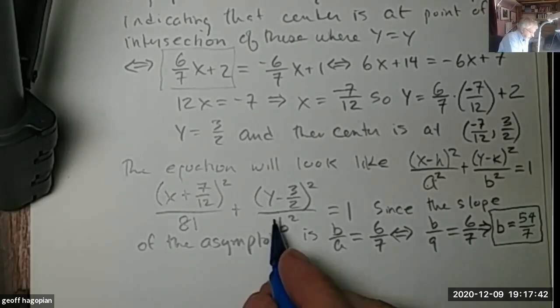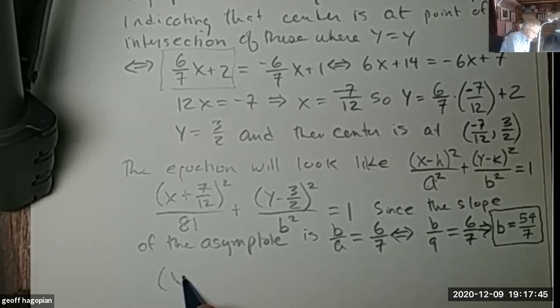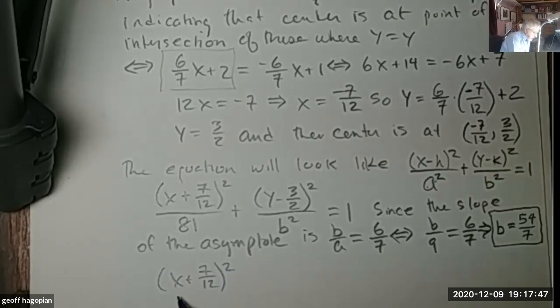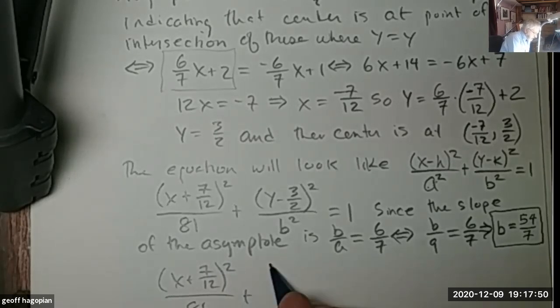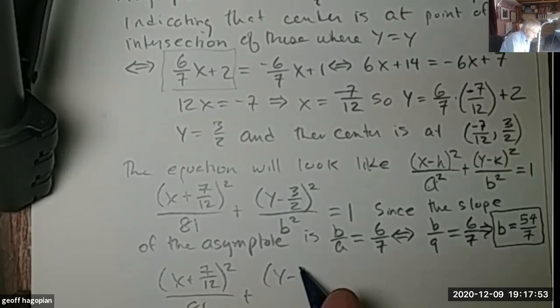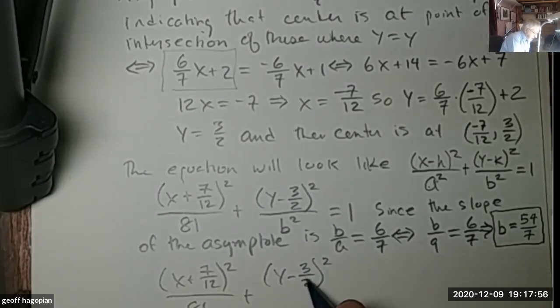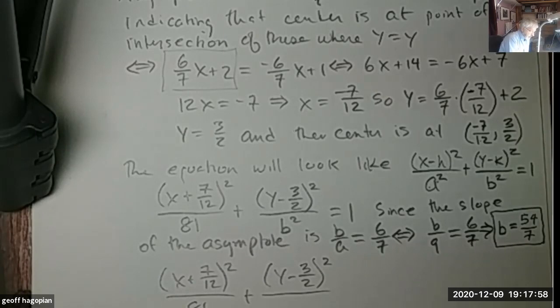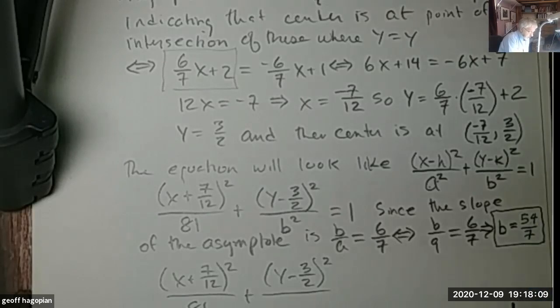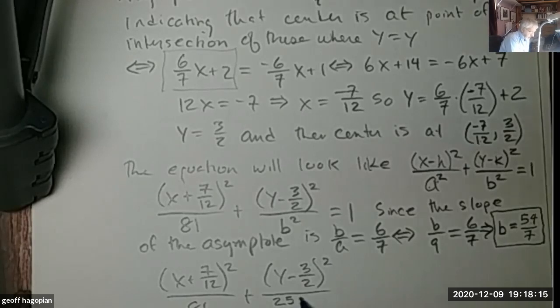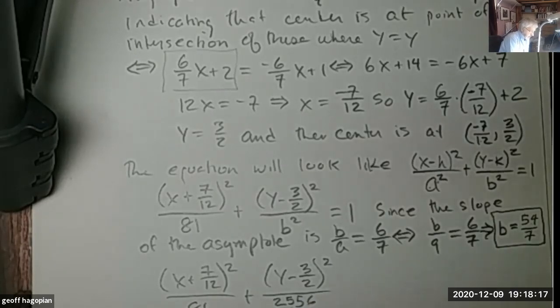All right, so then we can plug that in, right? And we get x plus 7/12 squared over 81 plus, oh, yeah, now we're going to have to square this beautiful number and get an even more beautiful number. The square of 54 is 2,500 plus 40, so 2,540, plus 16 is 2,556, and the square of 7 is 49.